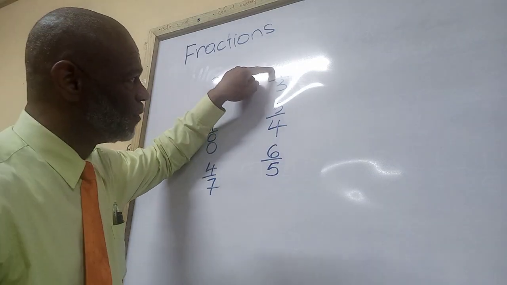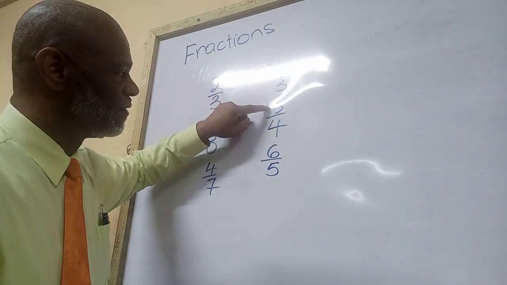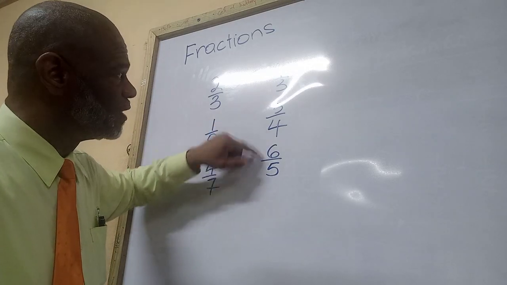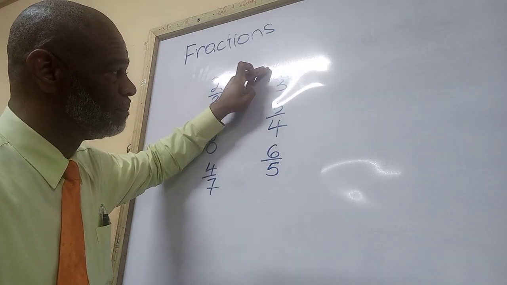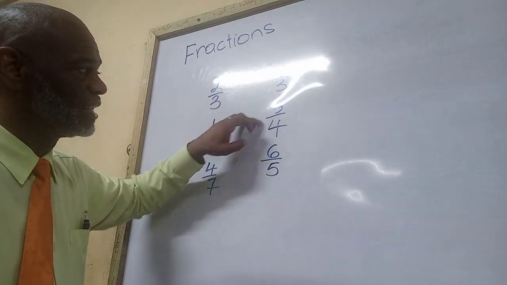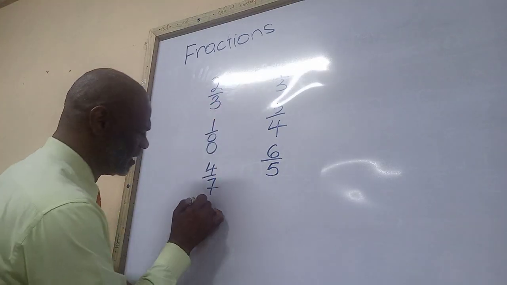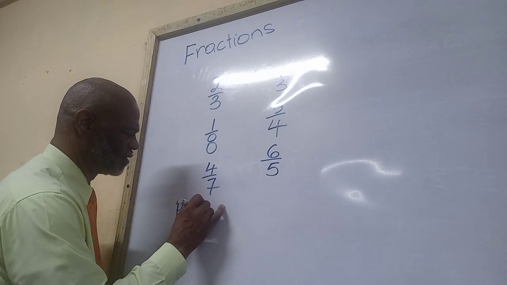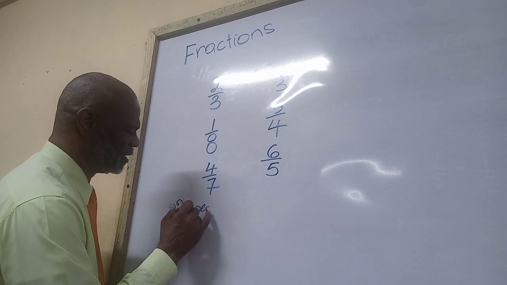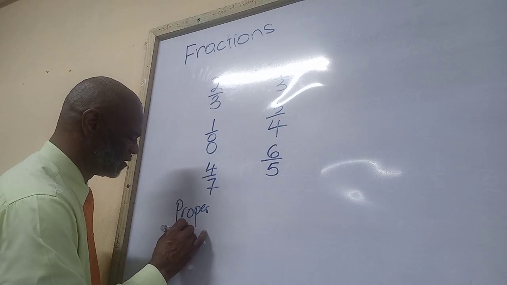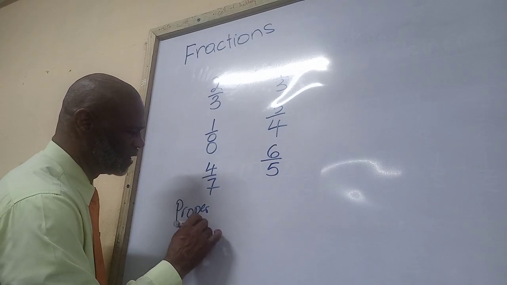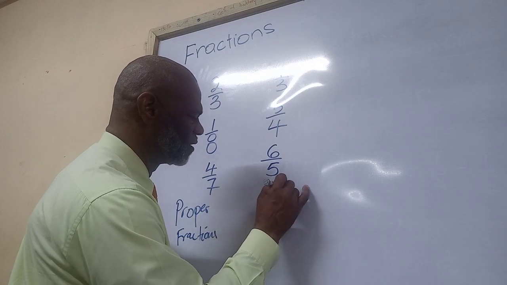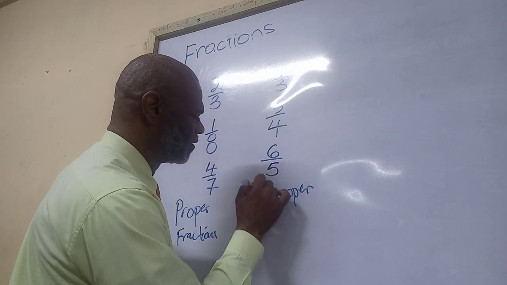So we have 4/3, 5/4, 6/5. The numerator is bigger than the denominator in this case. So we call these proper, P-R-O-P-E-R, fractions. And these, we say they are improper fractions.